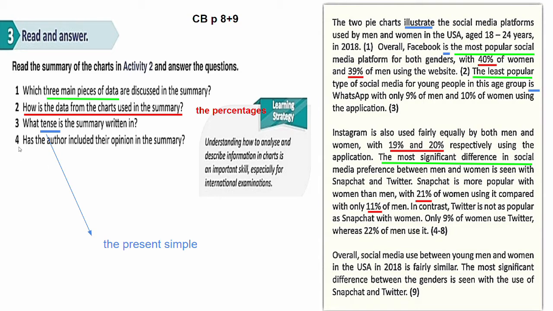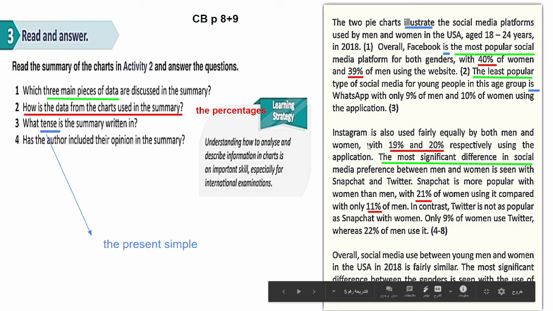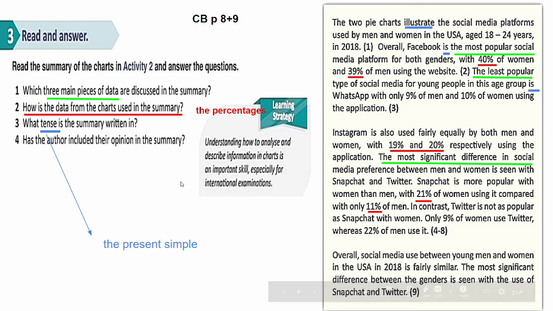Now, question number 4. Has the author included their opinion in the summary? As you know, an opinion means that the person may say, I think that, or my opinion. So, when you look for these expressions, you will not find any of them.